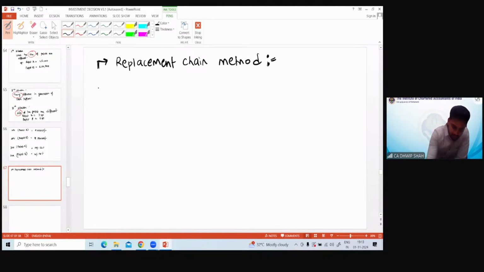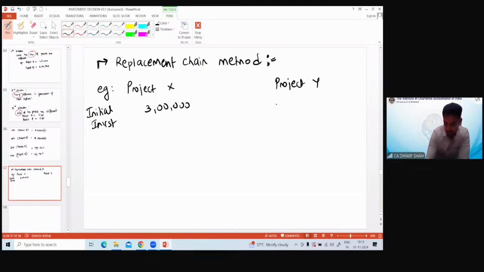Okay, so let's take an example. There are two projects, project X and project Y. The initial investment for both projects is 3 lakhs. However, both projects have different lives. The life of project X is just 2 years, whereas the life of project Y is 4 years.